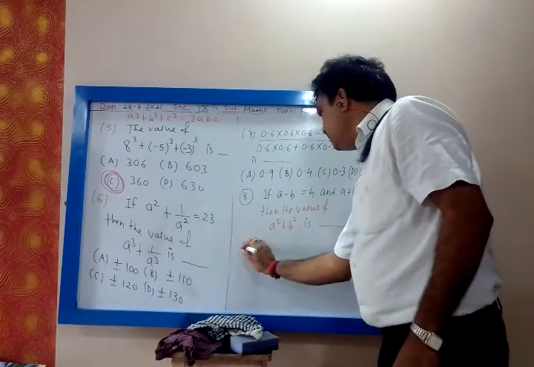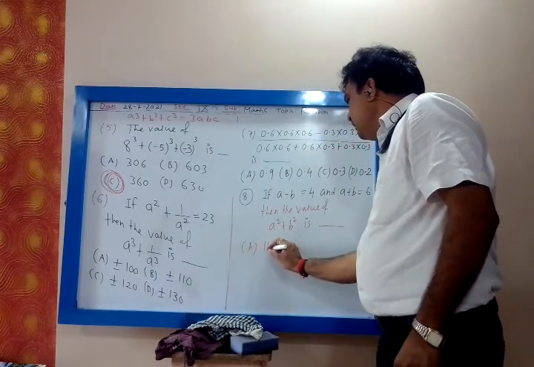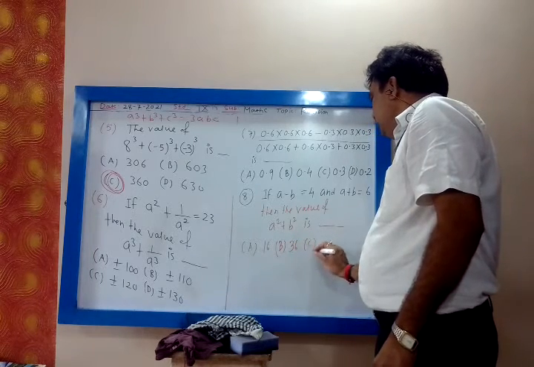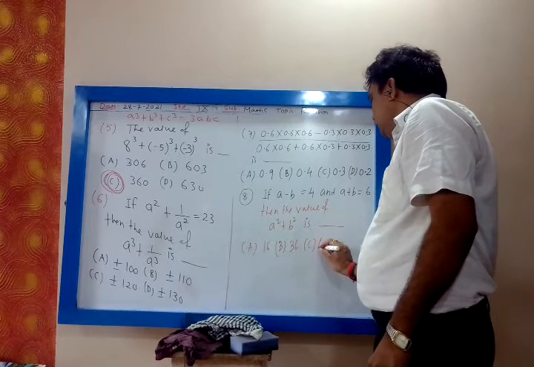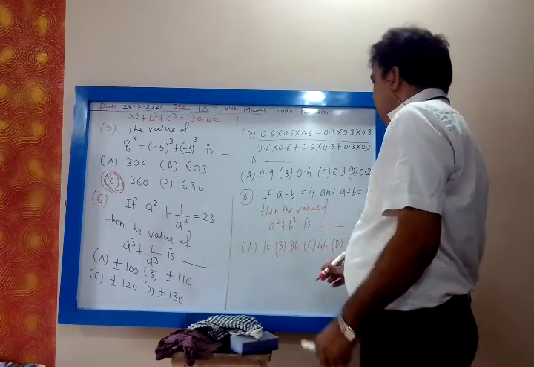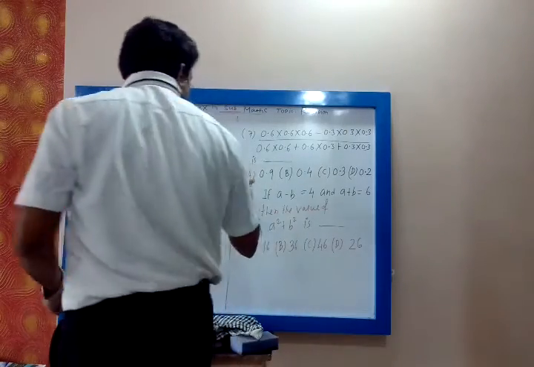A's option is 16, B 36, C 46 and D 26. Let us see which. What is the answer?